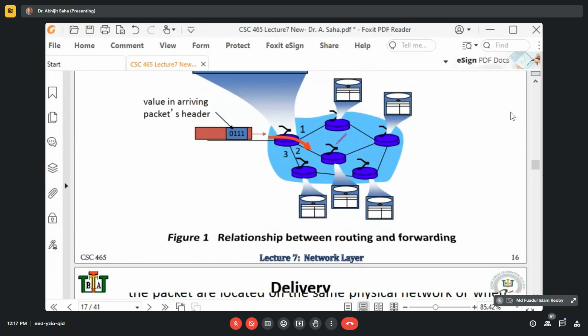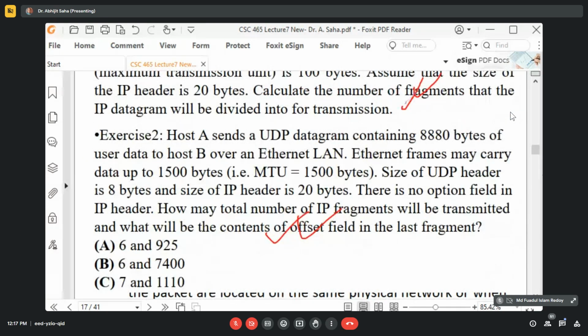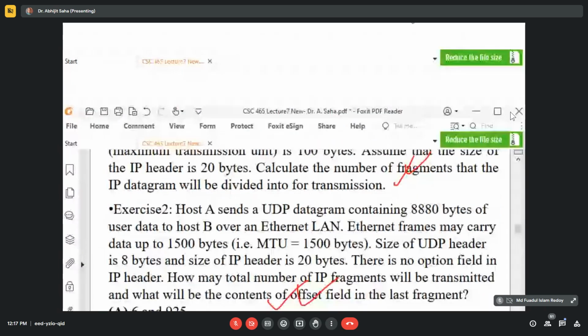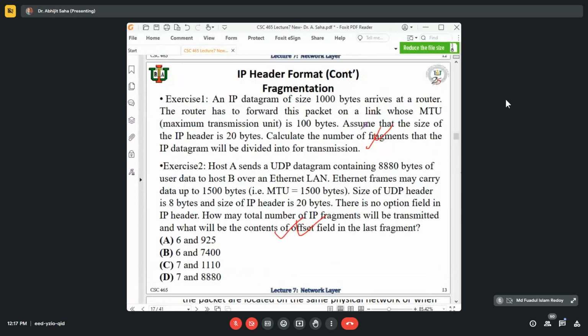From lecture number 7, there are two exercises. You can take a screenshot of this slide that you're seeing on screen. You get 10 minutes so that you can make your answers.